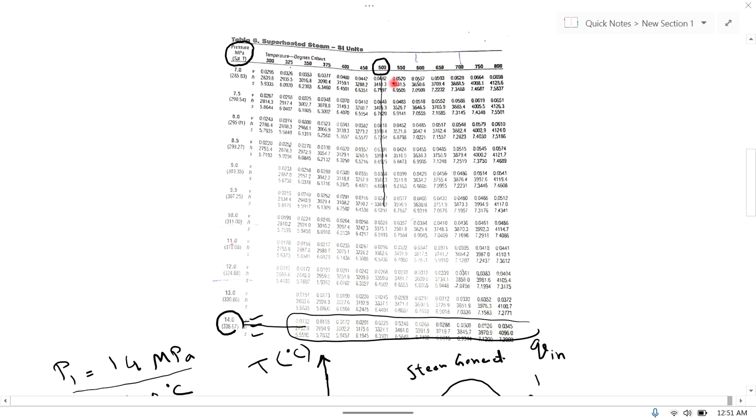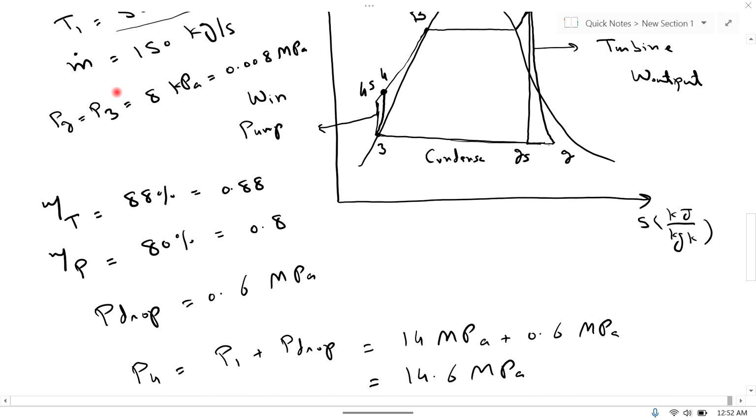So here at 500 degrees centigrade and 14 megapascal, this is the value of H, and the value below is the value for S. H is equal to 3324.1 kilojoule per kg, and entropy is 6.3931 kilojoule per kilogram per Kelvin.